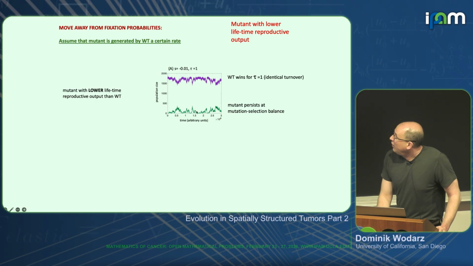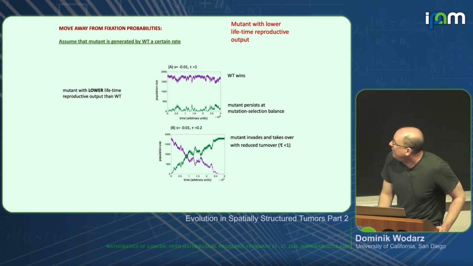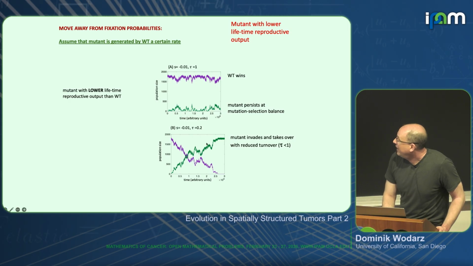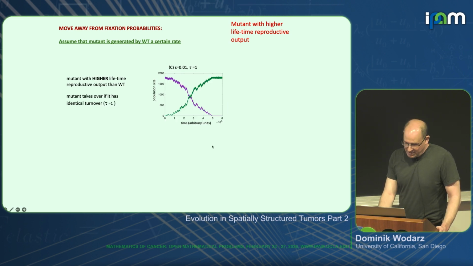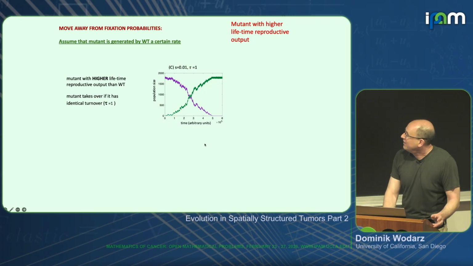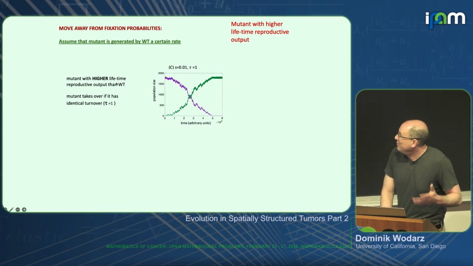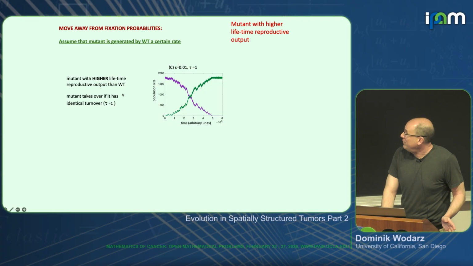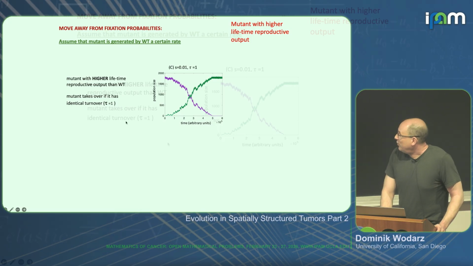Now we will lower tau, and what happens is that the mutant with a lower lifetime reproductive output acts like an advantageous mutant and sweeps in. Now you can do the same thing opposite. This is an advantageous mutant, or a mutant with a higher lifetime reproductive output. Tau equals 1. What happens?